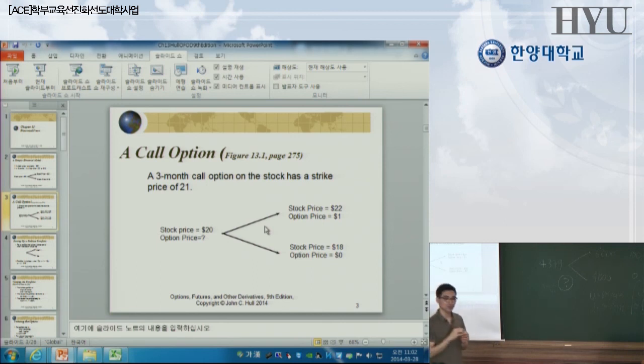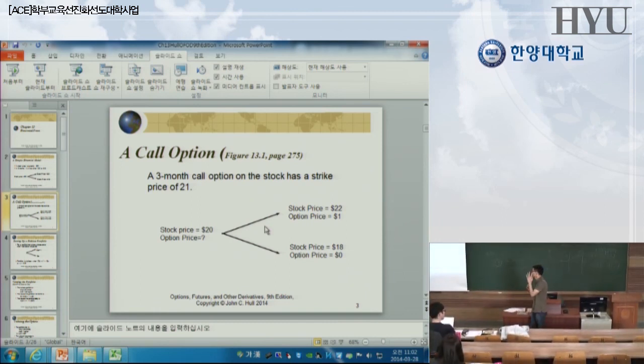So they use the call option or derivative and stock in order to create a risk-free asset. So we have three assets, right? We have a derivative, a stock, and a bond. In my method, I use stock and bond to create the derivative. But in the textbook, they use stock and derivative to create this risk-free asset.